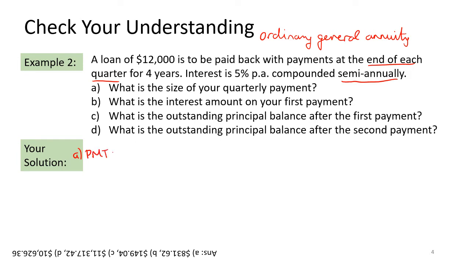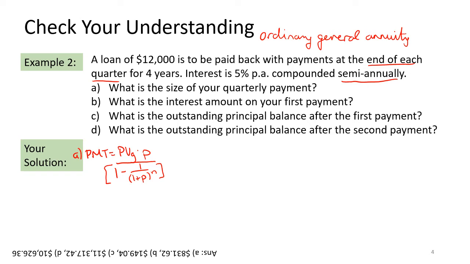So remember, payment is equal to the present value, and I use the subscript G again for a general annuity, times our equivalent rate of interest divided by 1 minus 1 divided by 1 plus the equivalent rate of interest P to the exponent n. Remember, n in this case is the total number of payment periods.